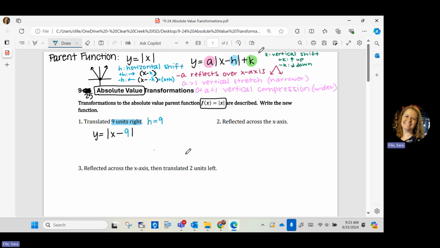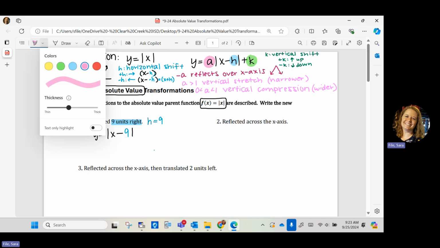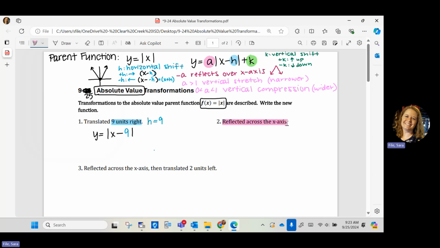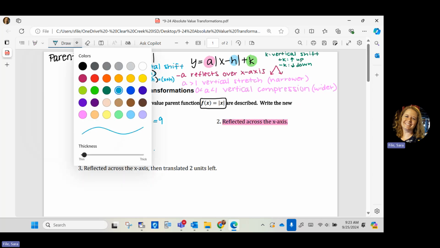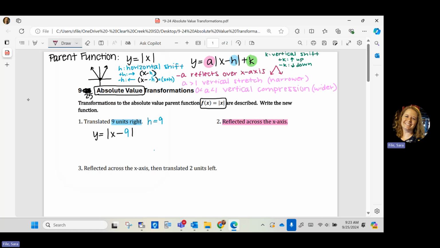Okay, now reflected across the x-axis, we said that that is our a value being negative. If we are reflected across the x-axis, a is negative. Now, it doesn't tell us it's stretched or compressed, so that means a is not something other than 1. It's still a 1, but now it's a negative 1.